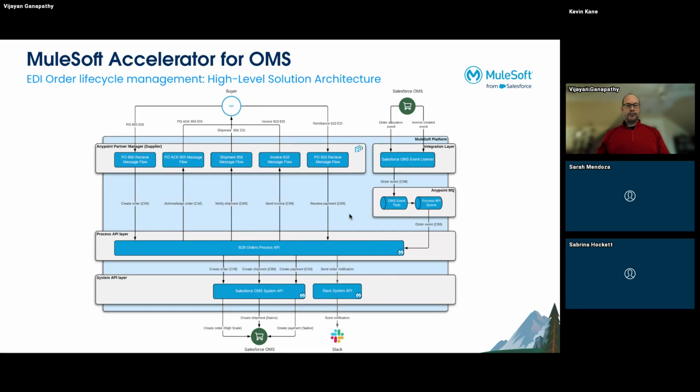And as you can see, we're following our API-led architecture approach, where the endpoints of the Anypoint Partner Manager flows end up in the process layer to then interact with the system layer to create high-scale orders in Salesforce OMS by the high-scale orders API.